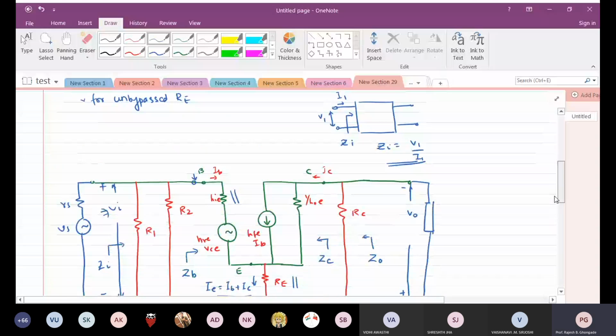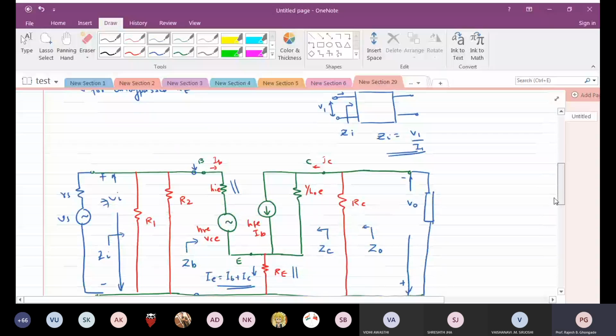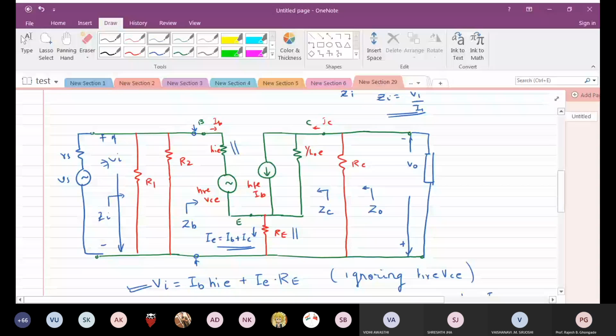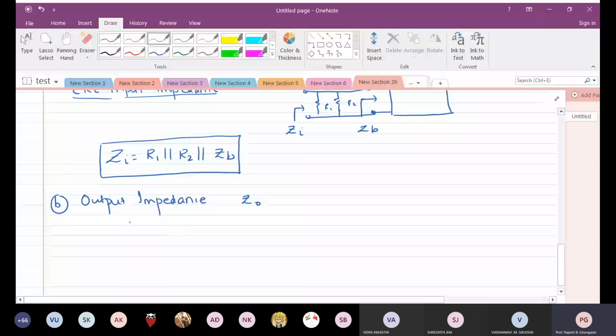Here in this case, similarly here in this case. What do I have? First of all, again I have to figure out the device output impedance, isn't it? So the device output impedance will be ZC.